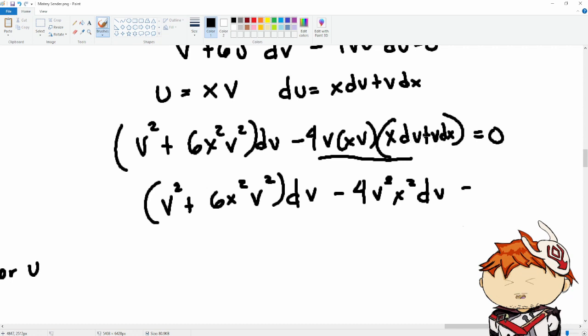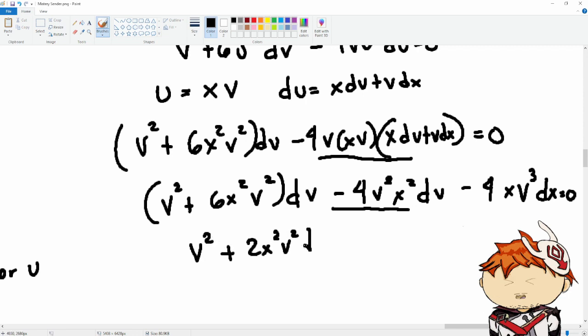So that becomes x squared v squared dv. Then negative 4 x v cubed dx is equal to 0. So negative 4 v squared x squared, 6x v squared. So that will become v squared plus 2x squared v squared dv, minus 4x v cubed dx is equal to 0.